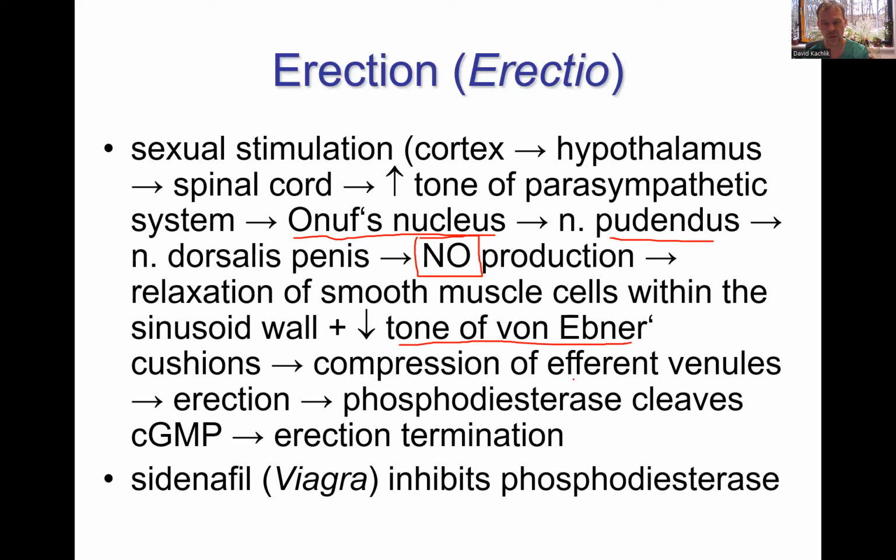It also compresses the efferent venules, and also the smooth muscles in the tunica albuginea are stretched, so then the erection is formed. The termination of erection starts when the phosphodiesterase starts to be active, and this can be blocked by sildenafil, which is commercially produced as the blue pill called Viagra. So that's the principle of erection.